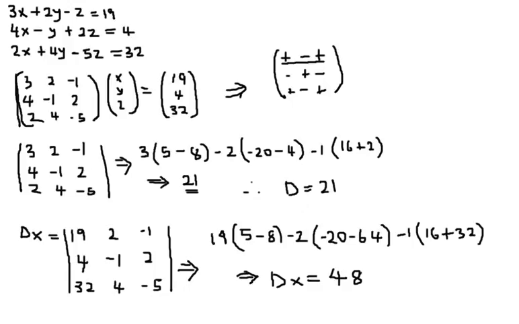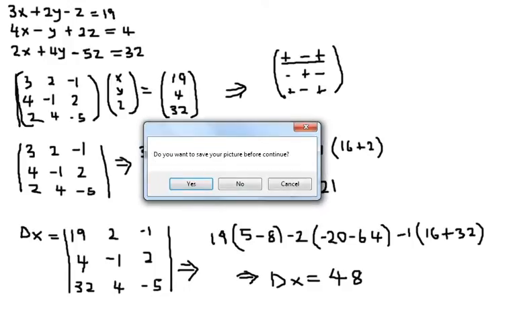Now we are going to find dy. dy will now be equal to 3, 4, 2. Then the values of those results, 19, 4 and 32, we now put them here in the second column.